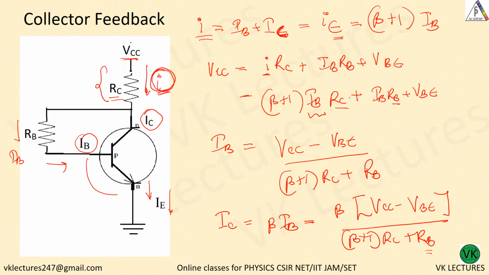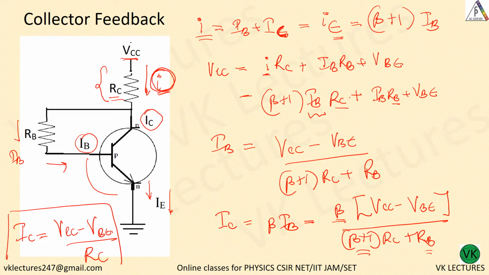Earlier you got IC; that point also you can note: if beta plus 1 times RC is very large compared to RB, then IC is equal to VCC minus VBE divided by RC. Please remember this formula for IC.